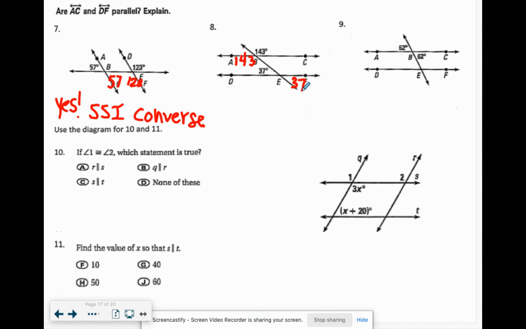Oh, never mind. But you are right, they are same side interior, but do they add to 180? What's 143 plus 37? Is that 180? Yeah. Yep, we have another same side interior. We also have exterior. Oh yeah, or you could do alternate exterior. Yep, that works as well. More than one way, but you are totally right.